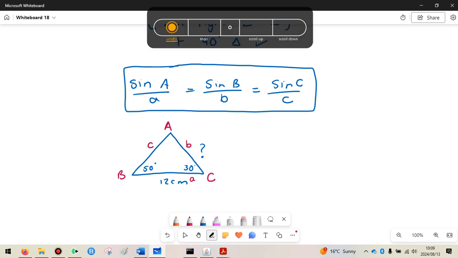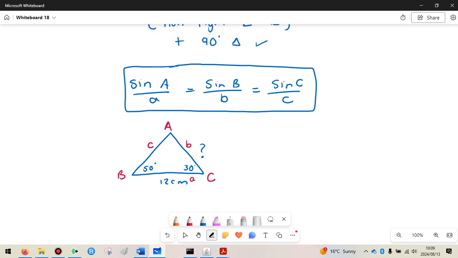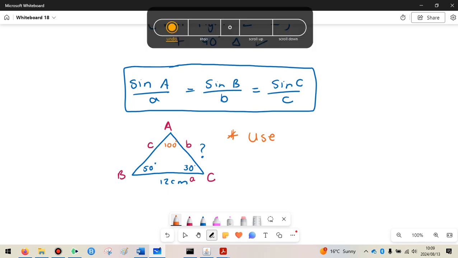Now you'll notice here that you've got the side A, and you could obviously easily work out angle A. So let's work this out. This would be 100 degrees because of angles in a triangle. And when do you use sine rule? You use sine rule when you've got a matching pair. So for example, you've got angle A and side A, or you've got angle B and side B. In this case, we've got this.